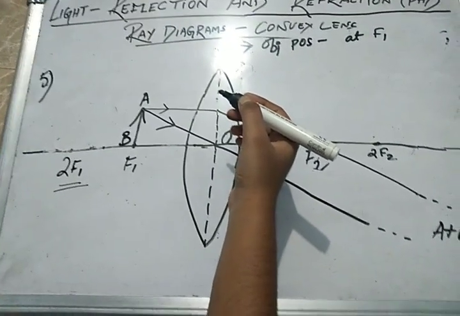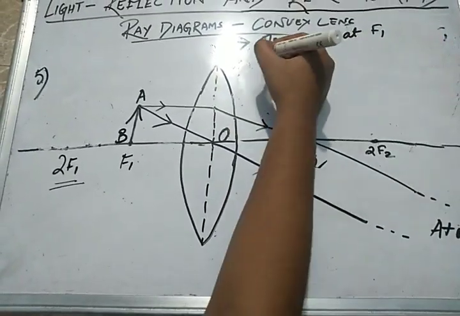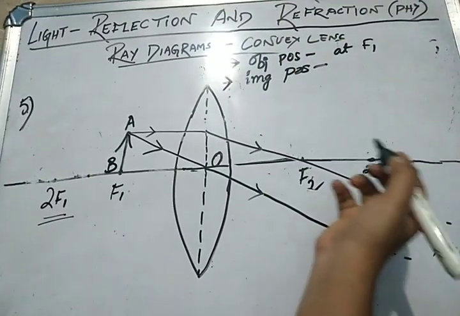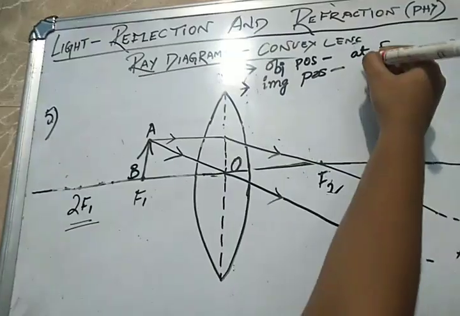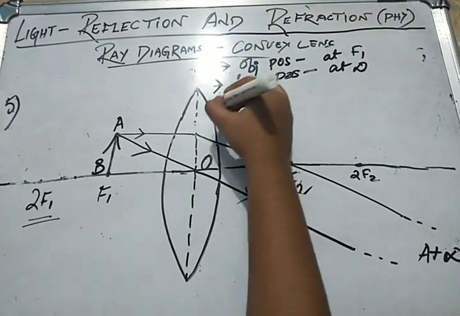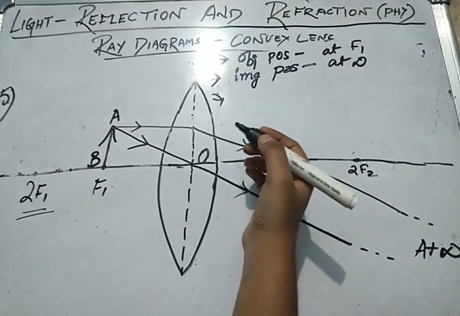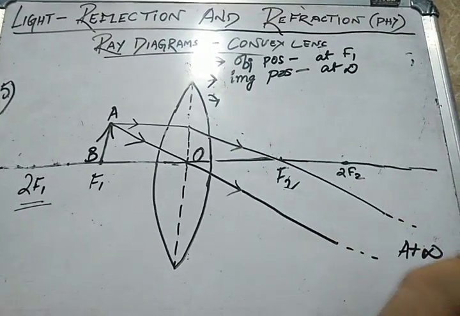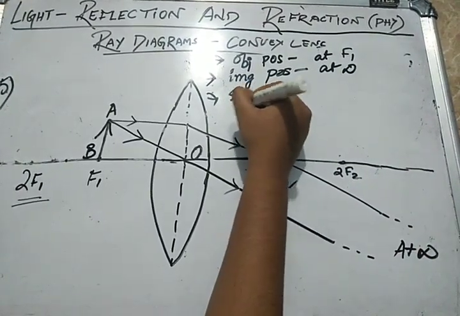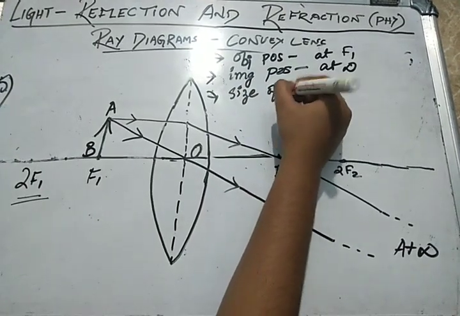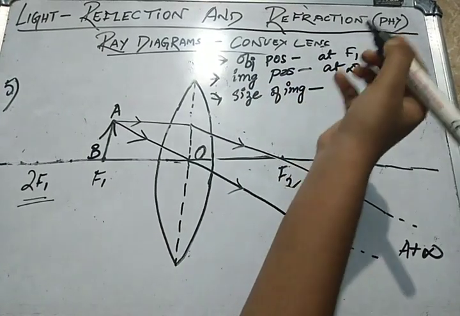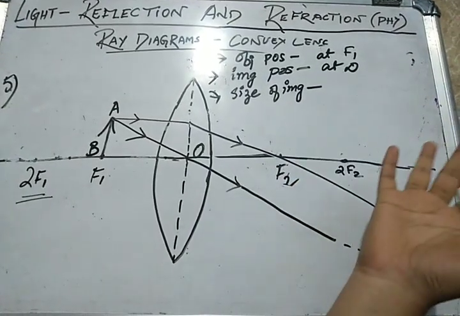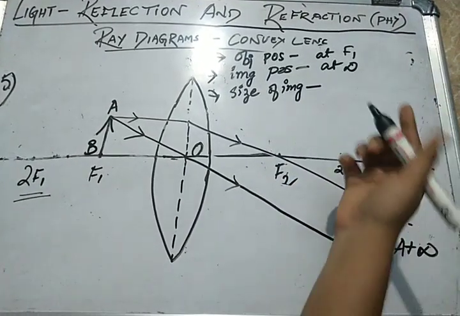Then the position of the image, at infinity. Next, relative size of the image. Since it is formed at infinity, you can imagine how big your image can be, which means it is infinitely large or highly enlarged.